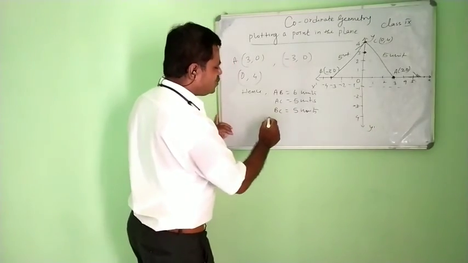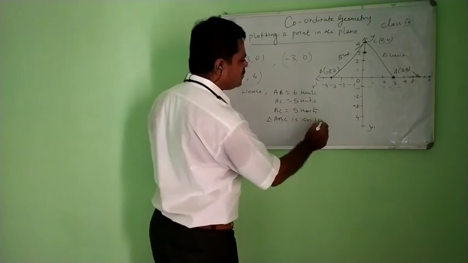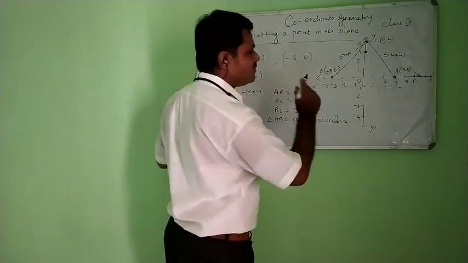That means triangle ABC is an isosceles triangle. Thank you.